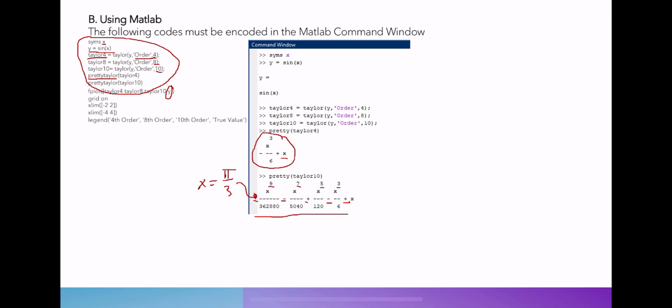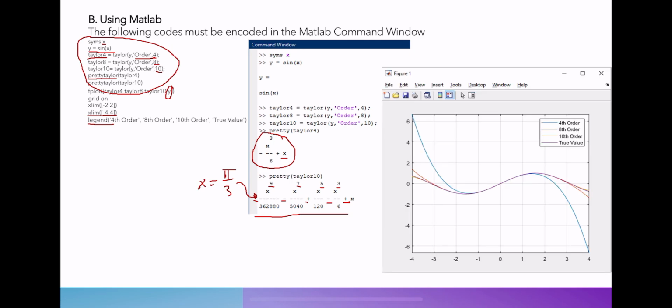Let's provide the limits of our x from -4 to 4, and let's put a legend for us to easily appreciate the graph. After encoding these codes, we will produce this graph here. So try to substitute this value here and expect that you will have the same value here.